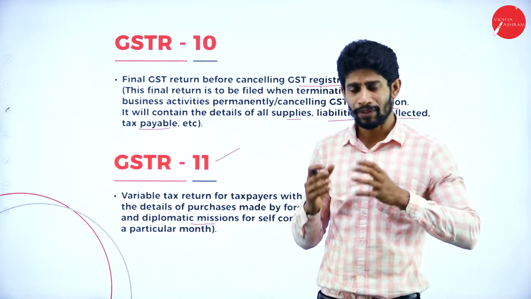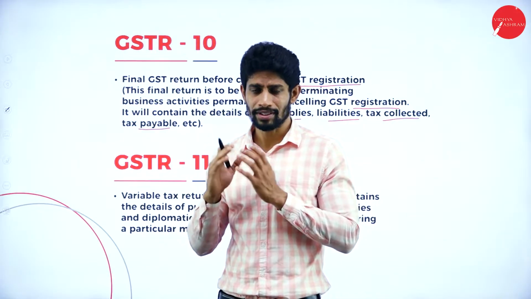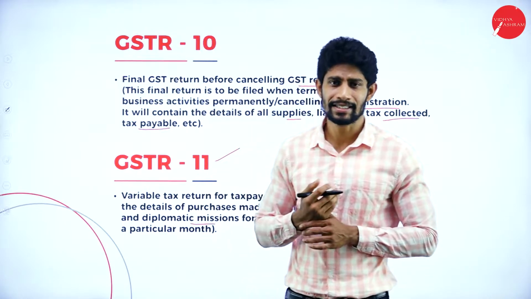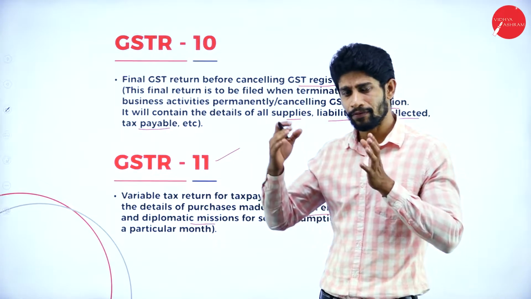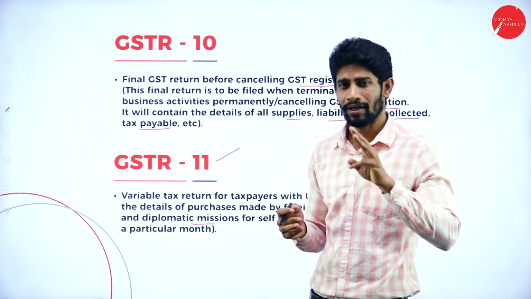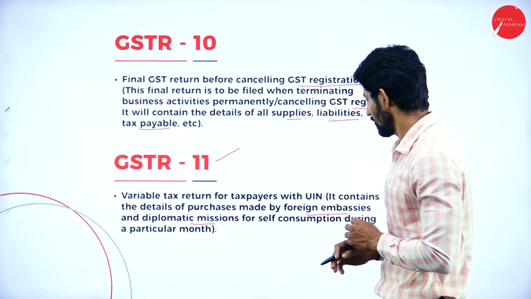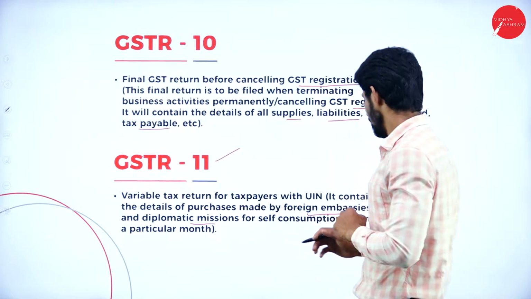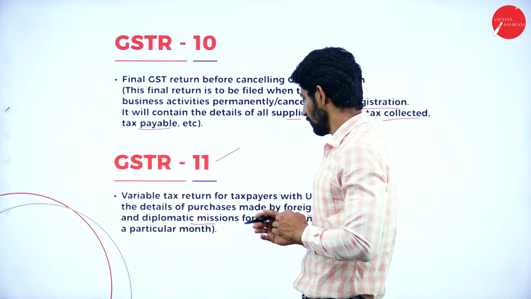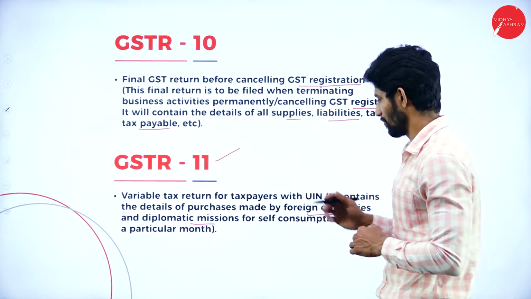That means if the business is happening for 1 month, only for that 1 month's transactions, you are supposed to file GSTR-11. If the business is happening for 3 months, then you are supposed to submit the GSTR-11 for 3 months. So here it is a variable tax return for taxpayers with unique identification number, and it contains the details of purchases made by foreign embassies and diplomatic missions.